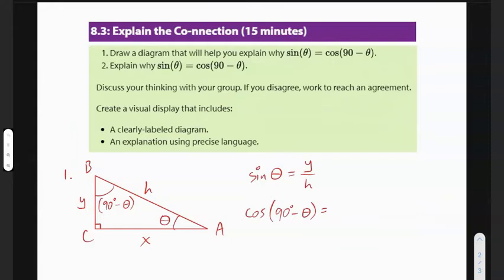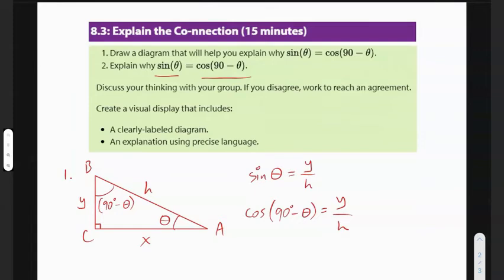Now your reference angle's here, so your adjacent is y. Your hypotenuse is still h. But notice those two trigonometric ratios are the same, right? So that would be a great way of explaining why sine of theta is equal to cosine of 90 minus theta. So notice that, okay?